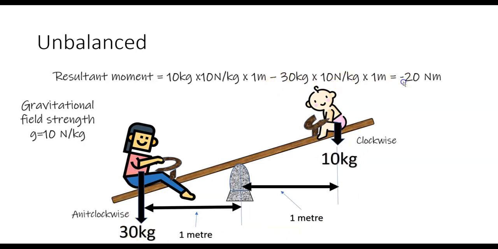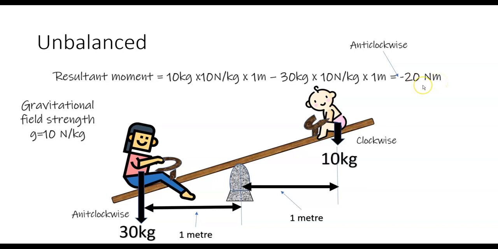This gives us minus 20 Newton meter. The negative sign tells us that the resultant is anti-clockwise, and the magnitude of this resultant moment is 20 Newton meter.